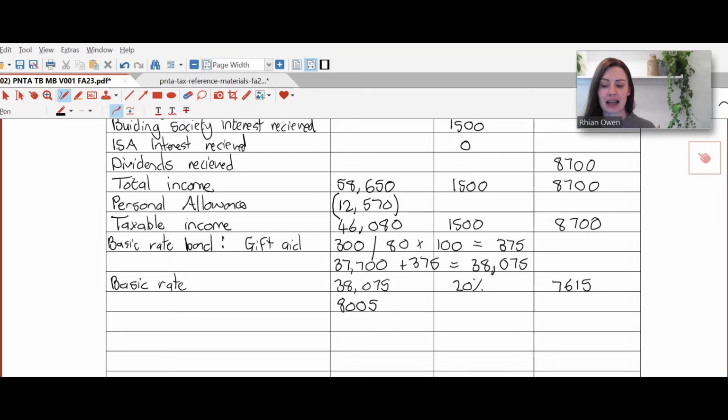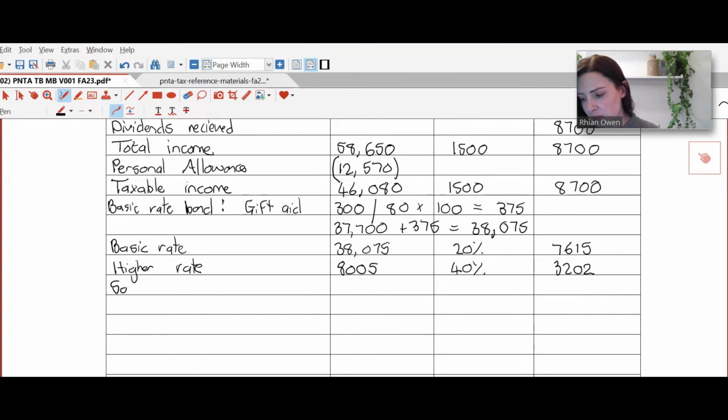So 46,080 minus £38,075 leaves us with £8,005, and that's going to be taxed at a higher rate. So 8,005 times 40% gives us £3,202.